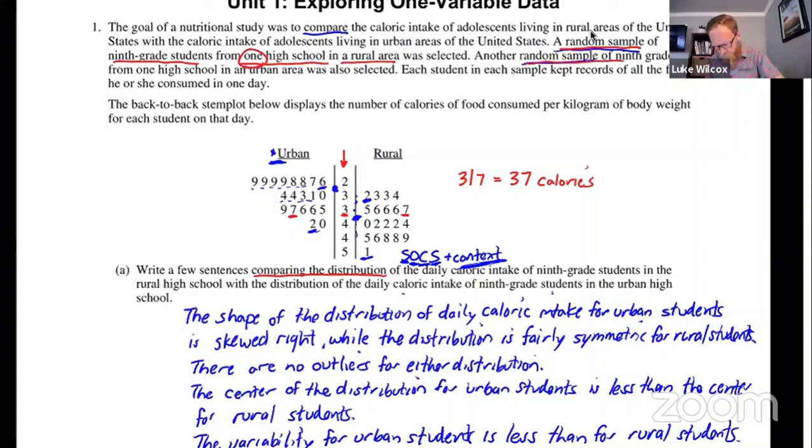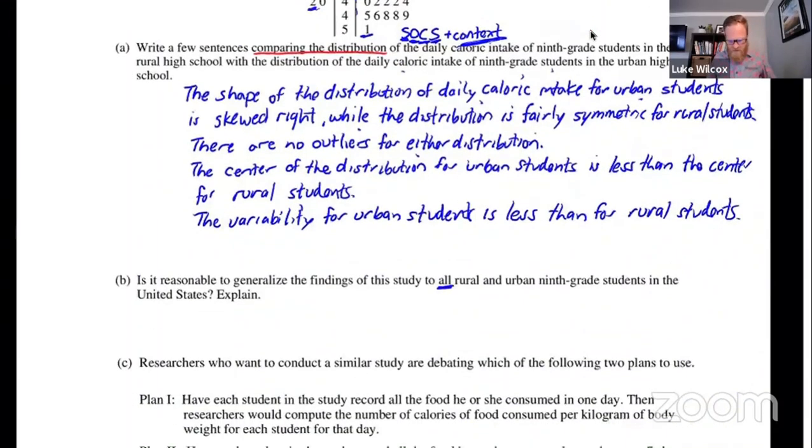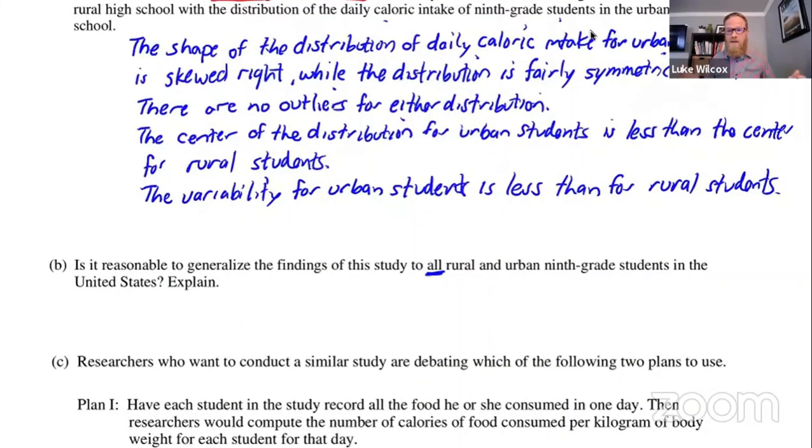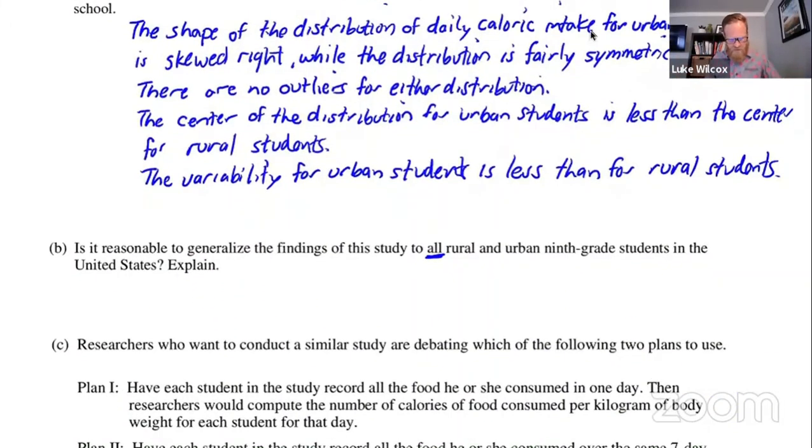And for the other sample, random sample of ninth graders from one high school in an urban area, once again, it's one high school. So we are not going to be able to generalize this to a bigger population of all ninth grade students. So let's make that very clear here. First of all, answer the question, okay? The question is asking, is it reasonable? And the answer is no, it's not reasonable. And then we have to give some sort of explanation.